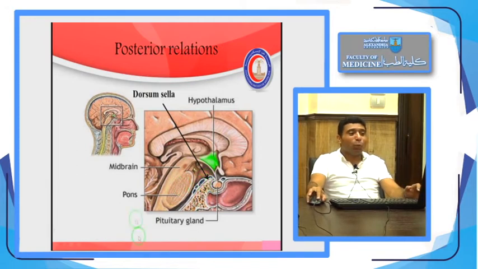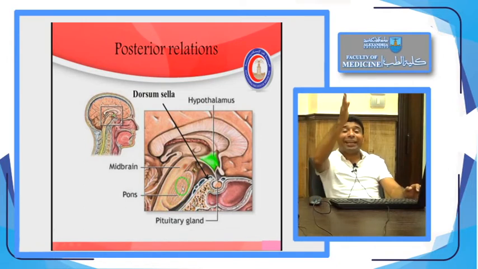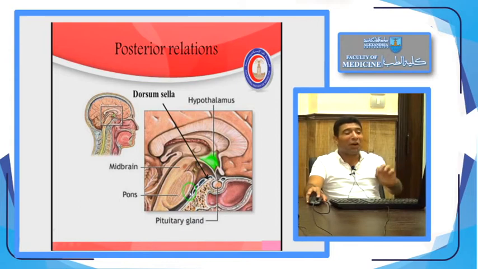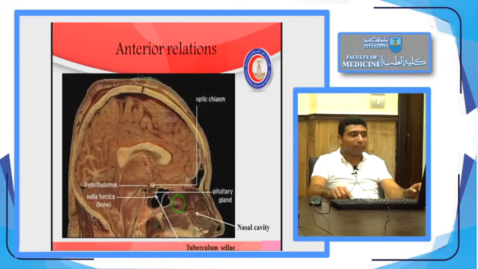More posterior, we have the brain stem. Which part of the brain stem? The pons. And in the midline we have an artery related to the bone, called the basilar artery. So the posterior relations are the dorsum sellae, basilar artery, and pons.